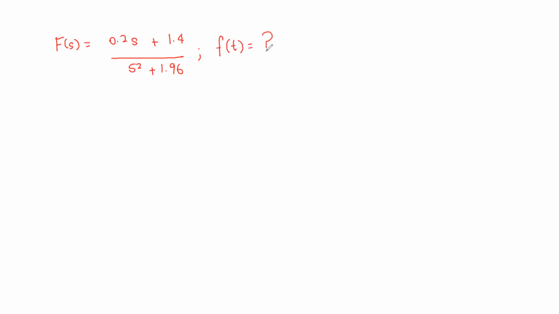Clearly this is a process for inverse Laplace transform. In order to solve this, let's separate the function into two components. The first one is 0.2s over s square plus 1.96. The other one is 1.4 over s square plus 1.96.